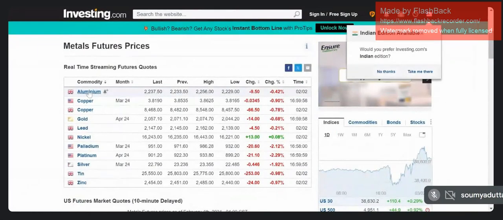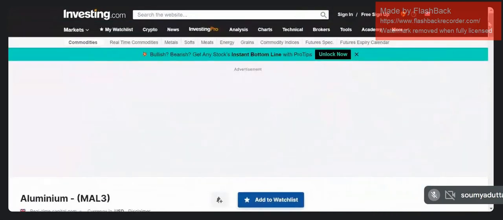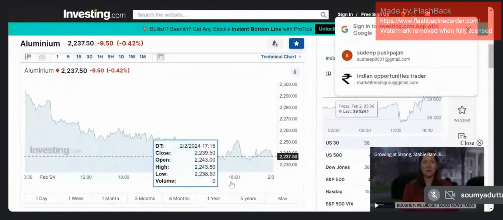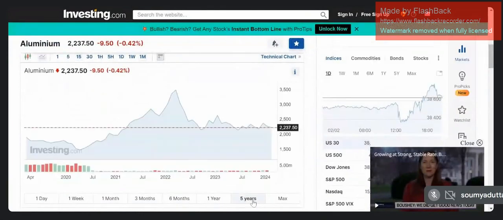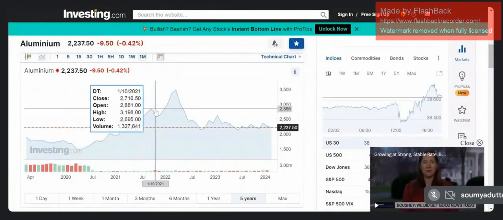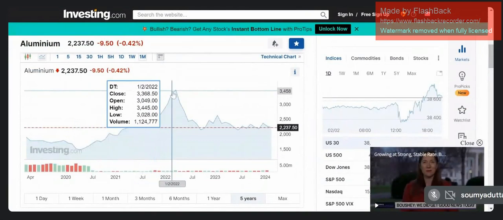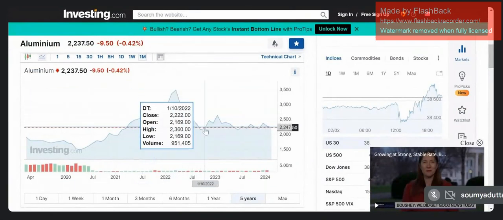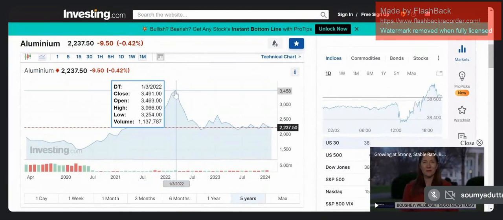The aluminium. See, aluminium touched the high here. When the bond yields started to rise really high, then it started crashing. This went up till 4,000.